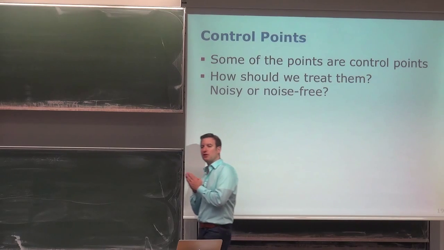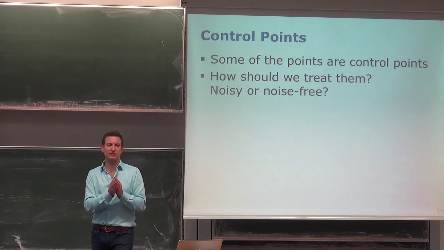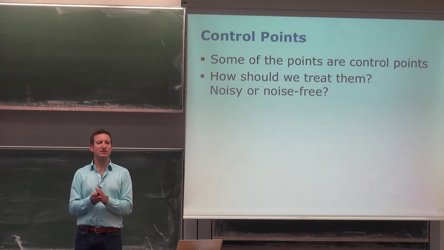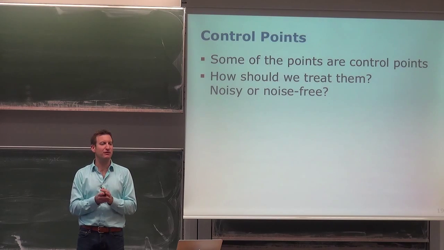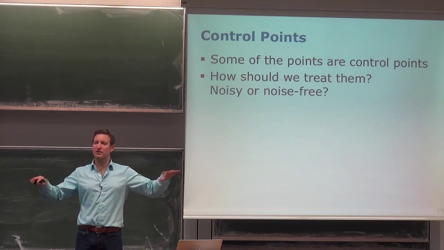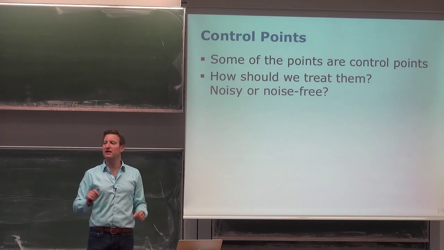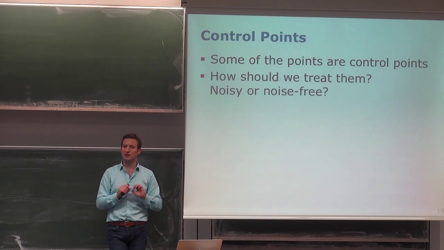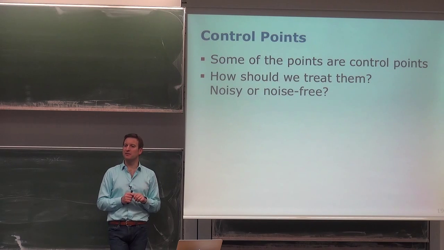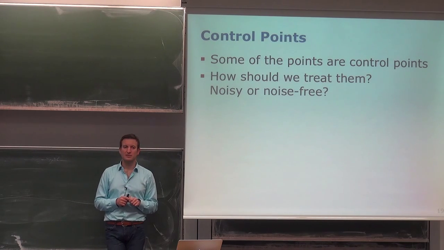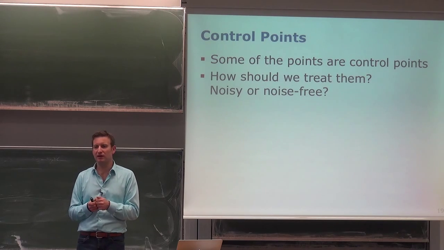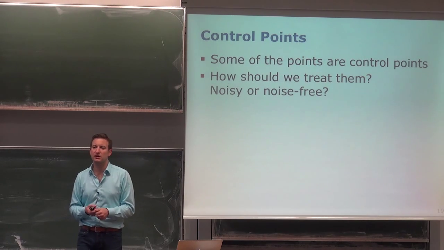But if I have control points, for example ones whose location Heiner Kuhlmann's group has determined for me on the ground, and I'm flying with the airplane over Bonn and want to do a 3D reconstruction and can identify the location of the control points on the ground, which are measured with very high precision, should I take them into account? Yes, I should definitely do that. But the question is, how should I take them into account?